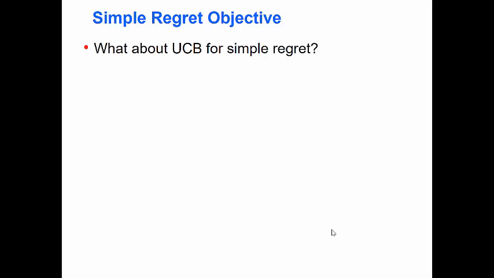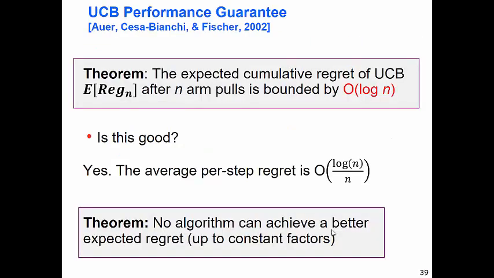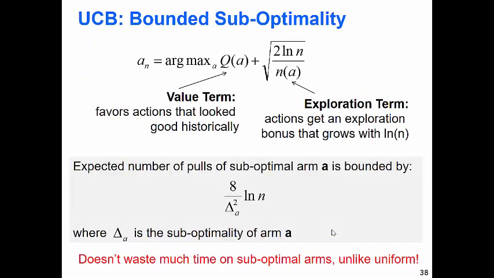So if you were running UCB to find the best arm, you would use it to select the exploration arm, and then at any step, what would you output as your best guess for the best arm? If we looked at the equation, UCB would pick the exploration arm according to this.